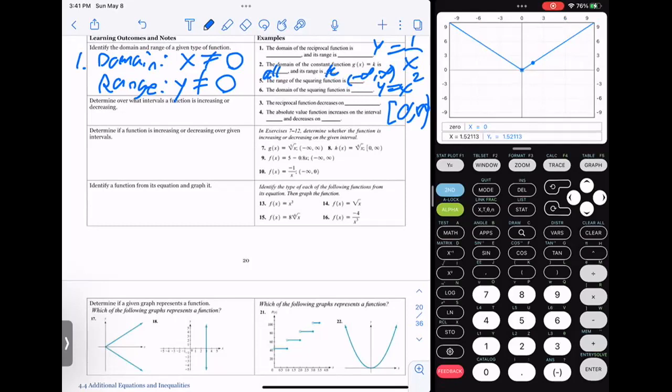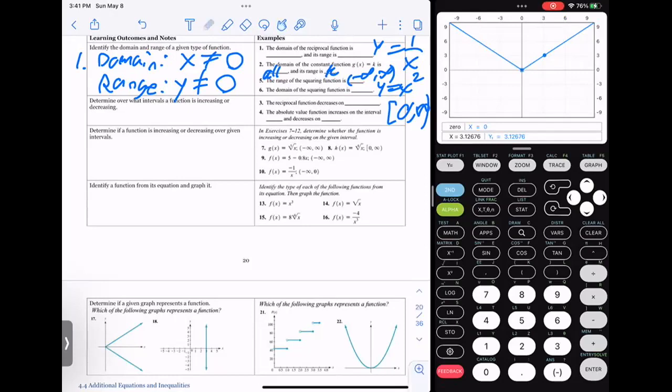So it's decreasing there and then it's increasing on the right. I feel like I might be confusing you there because I feel like I'm confusing myself almost. So you're trying to figure out where it's increasing or decreasing.